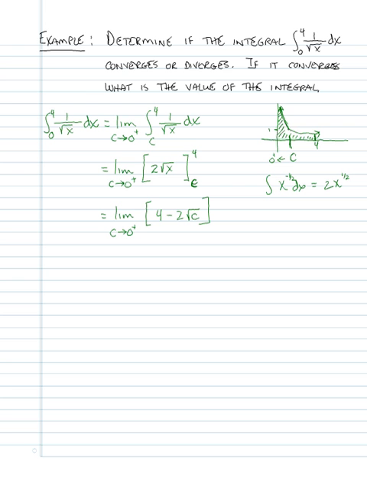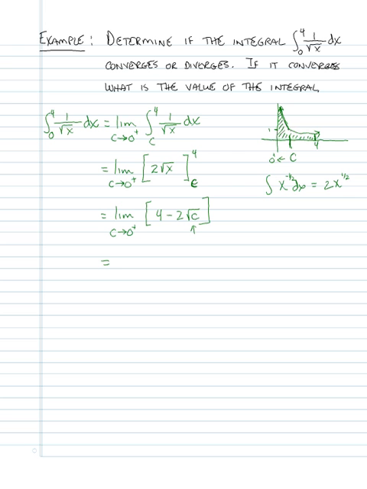Okay, well, what's going to happen here? Well, this is pretty straightforward in this particular case, because we might have been lucky and gotten the right answer by doing it incorrectly, but we need to do it correctly. And as c goes to 0, what's happening here? And remember, c is positive, so it makes sense to take the square root of it, doesn't it? See, c is going close to 0 from the right-hand side, so c is positive.